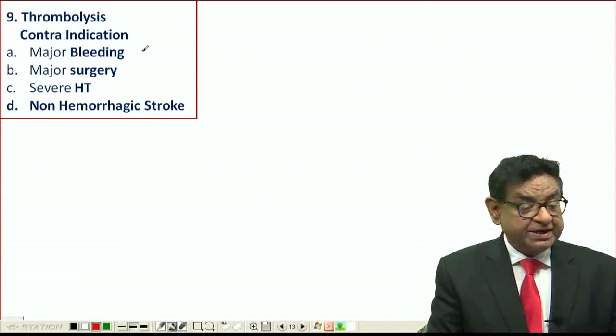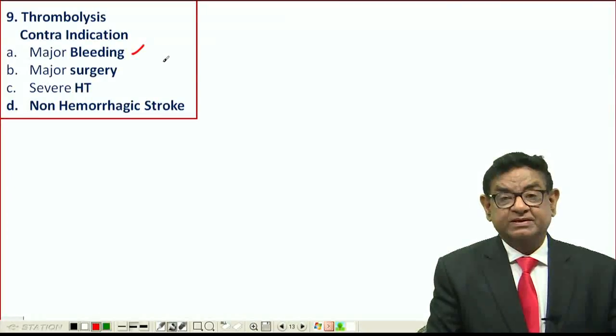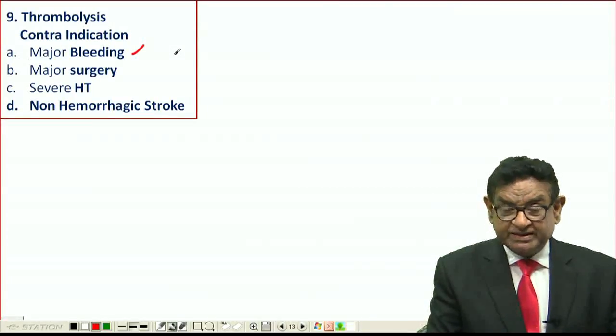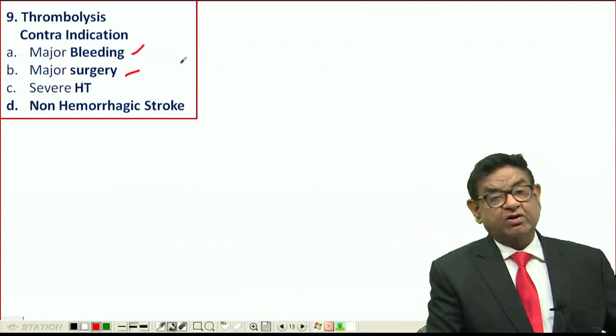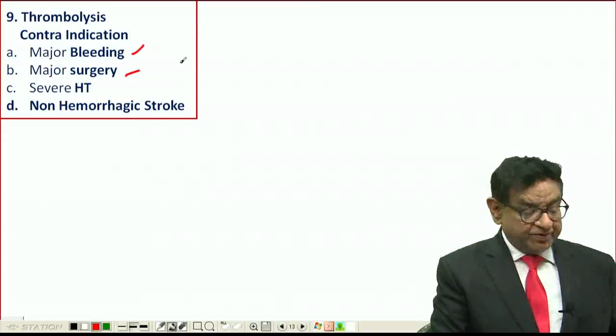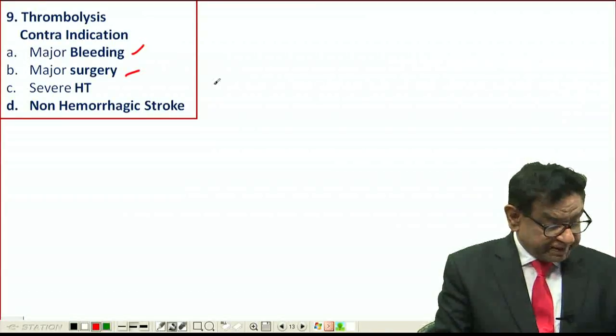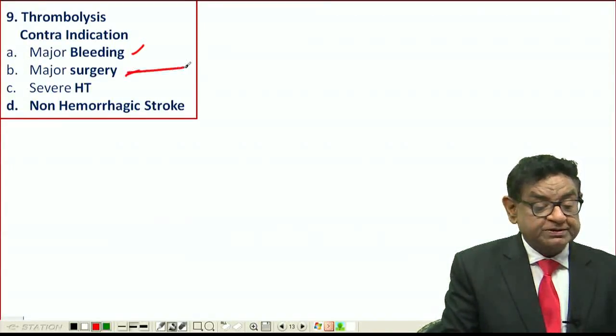There are certain contraindications: major bleeding, anything, it may be CVA or any other major bleeding. We never thrombolyse. If the patient has recently undergone some major surgery, then again we do not reperfuse, especially in the last 2 weeks.